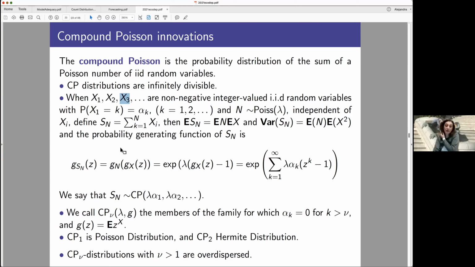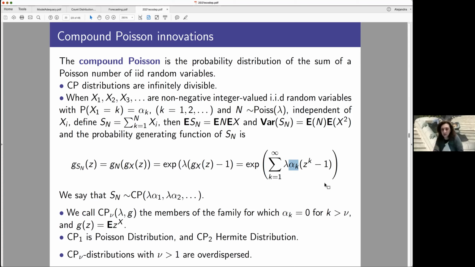So we have the probability generating function, which is the composition of both: the Poisson generating function computed on the generating function of the X families, which can be written as the exponential of the sum of lambda times the probability mass function of the X times z^k minus 1.